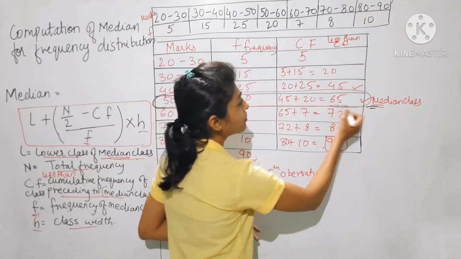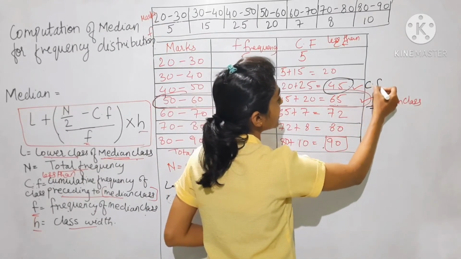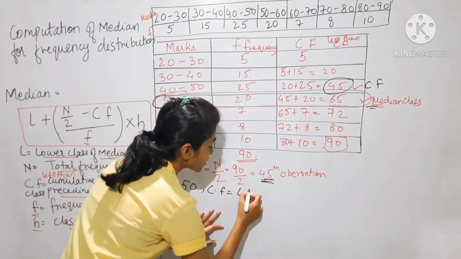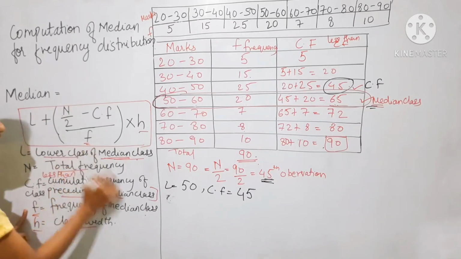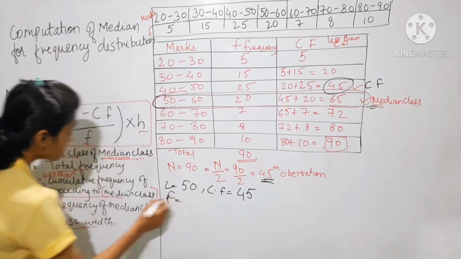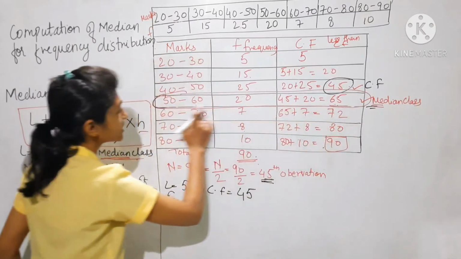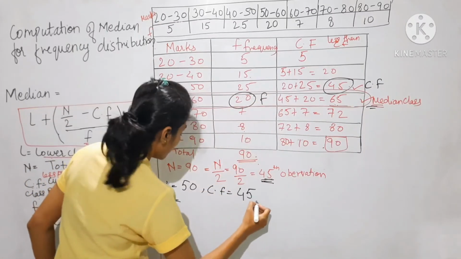So above the median class, which number is there? 45. So 45 is the cumulative frequency. Next, F is what? F means frequency of the median class. What is the frequency of the median class? 20. So 20 is the frequency.